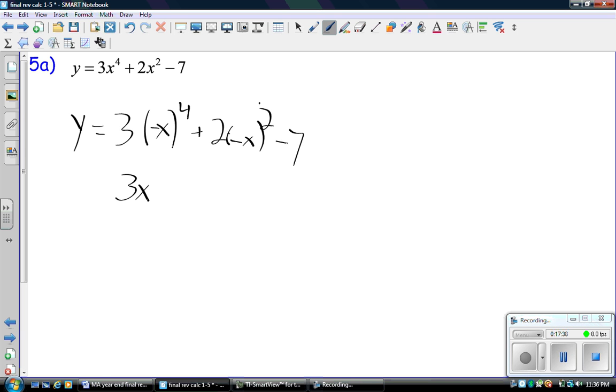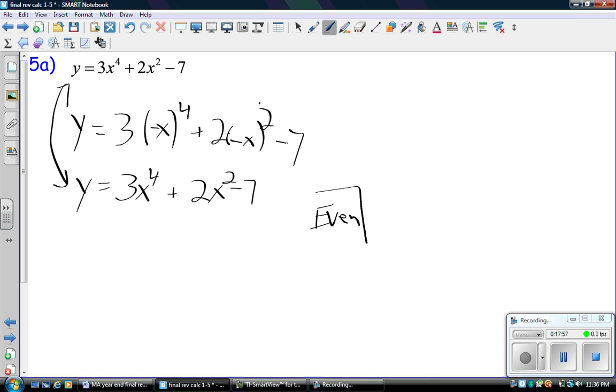Negative to the 2nd power is going to make it back to positive. Lo and behold, I ended up with the exact same machine. So that means that this is an even function.